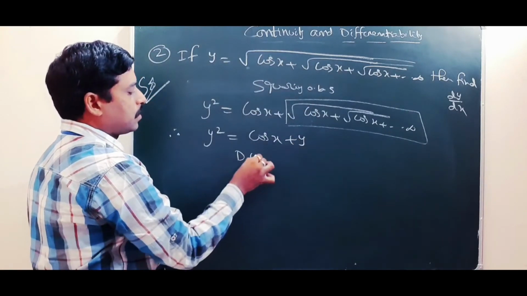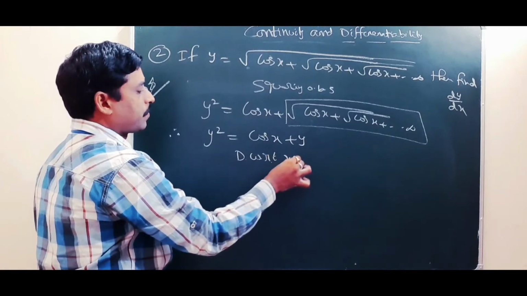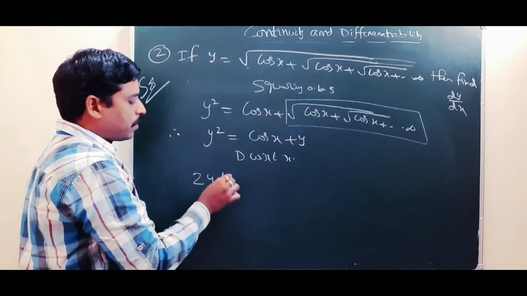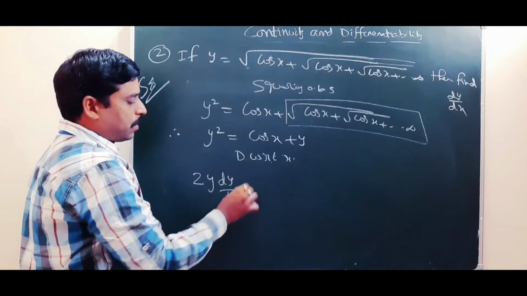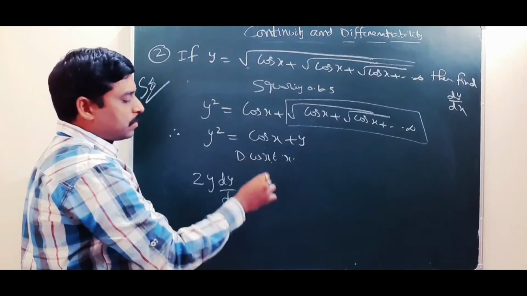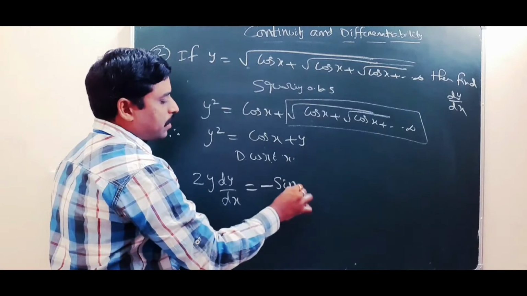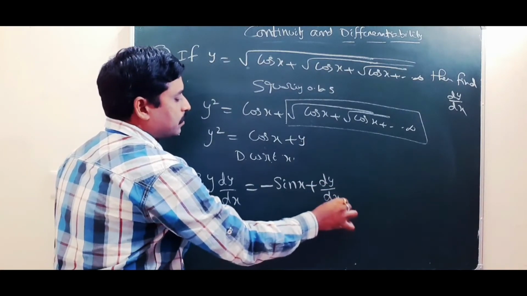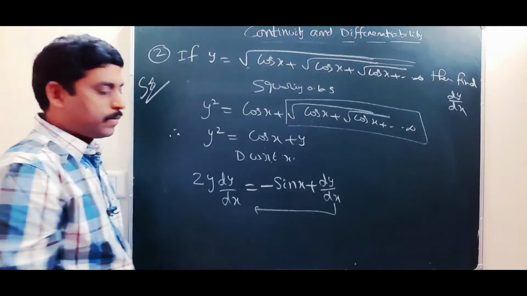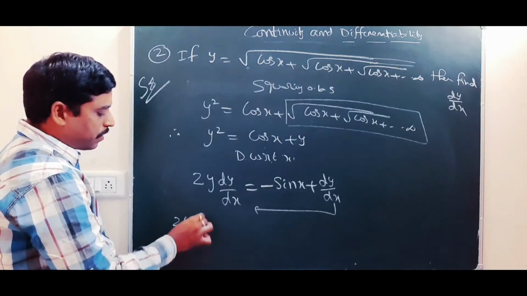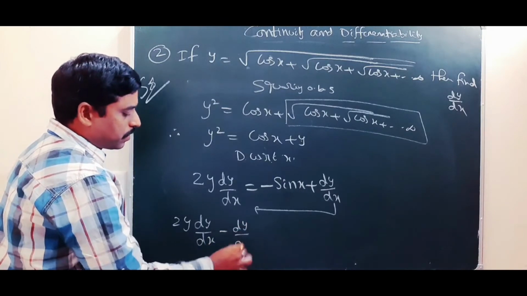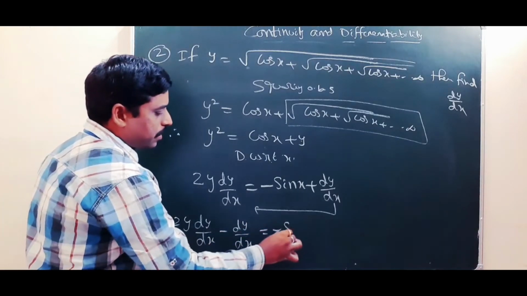Okay, now differentiation with respect to x on both sides. Differentiation of y square is 2y into dy by dx. Differentiation of cos x is minus sin x, plus dy by dx. So plus dy by dx, bring to the left side: 2y into dy by dx minus dy by dx is equal to minus sin x.